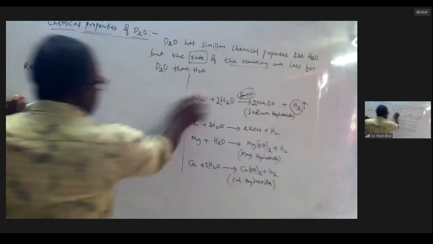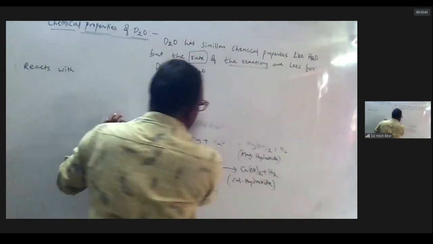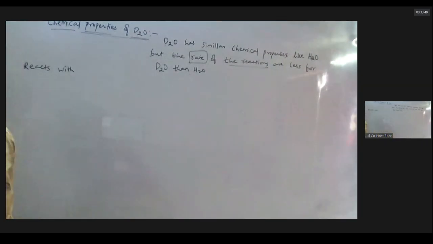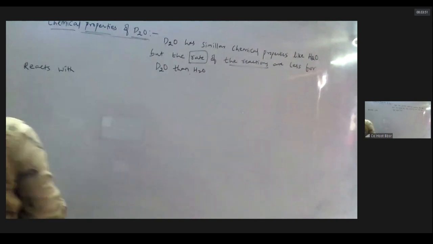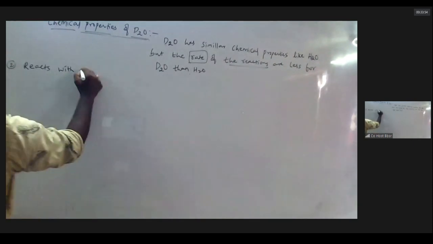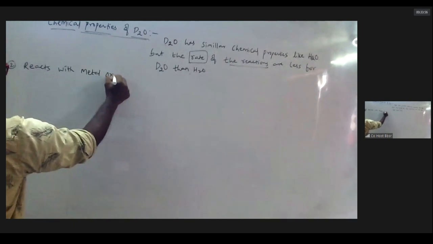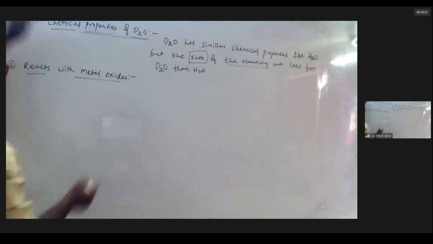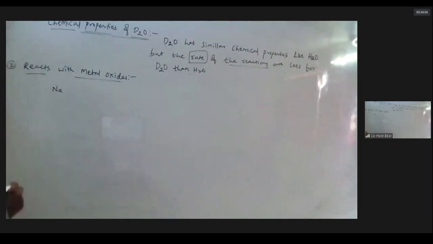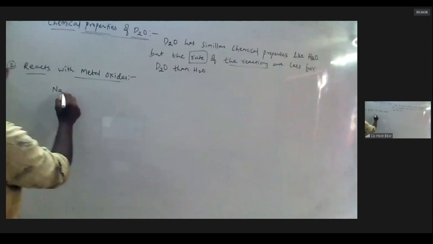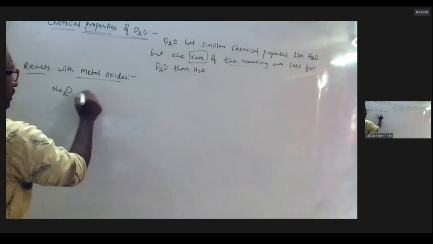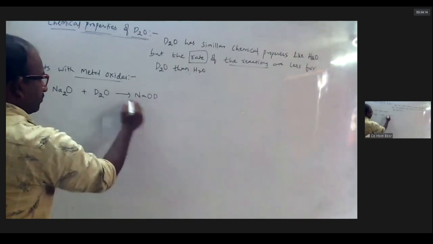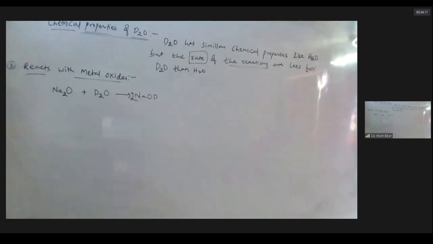Second one, reaction with metal oxides. Sodium is a metal, right? इसका metal oxide Na2O है, इससे ये रिएक्ट होता है. 2 NaOD बन जाएगा.